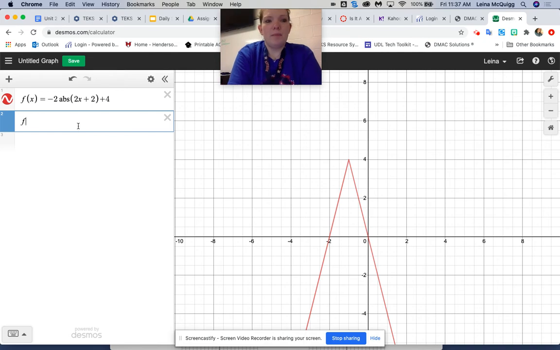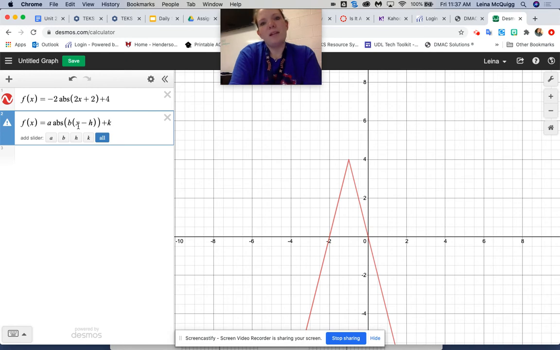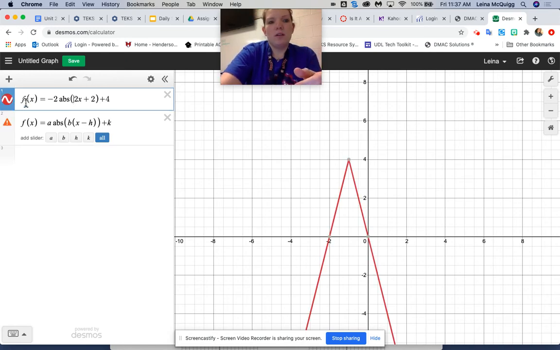So if I think about my general form of this type of function, we would have A times the absolute value of B times X minus H plus K. So my general form, I have B times X minus H. Well, that's not what this function, I'm going to change this to G so I can reference it.